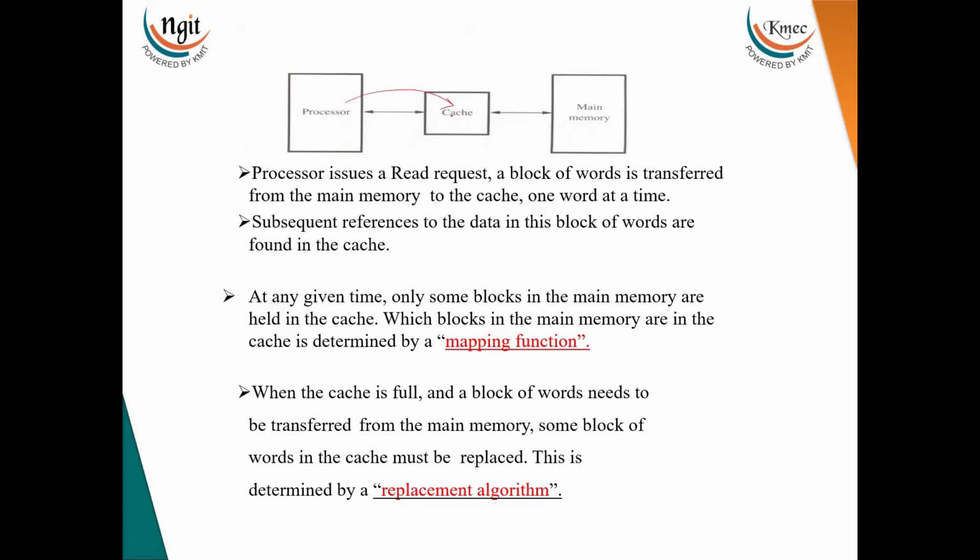If the data is available in the cache, that is called a cache hit. The processor gets the data and execution takes place. If the data is not available in the cache, that is called a cache miss.